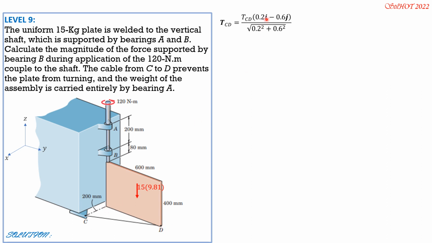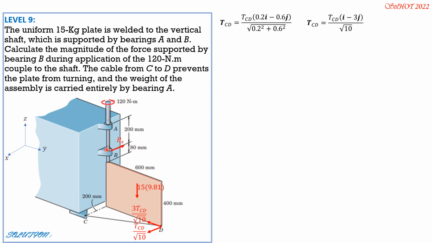So 0.2i minus 0.6j over square root of 0.2 squared plus 0.6 squared. In vector form, this is tension CD magnitude times i minus 3j over square root of 10. So the X component is tension CD over square root of 10, and the Y component is 3 tension CD over square root of 10.